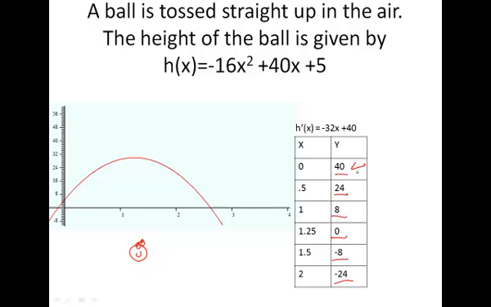So at the start he was going 40 feet per second. But then you'll notice his rate of change is slowing down, because he's going now 24 feet per second, then 8 feet per second, and then he actually didn't have a velocity. It was considered a 0 velocity, and then he starts to go in the negative direction.